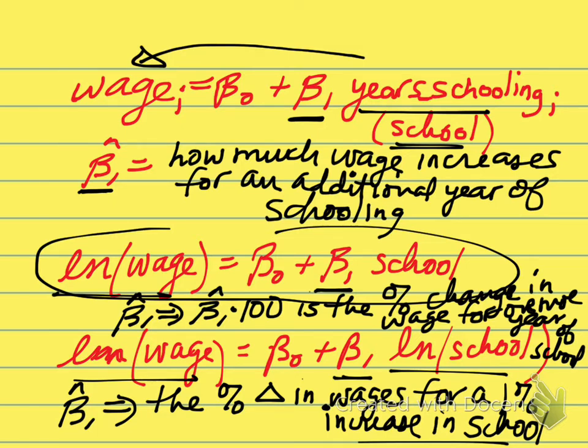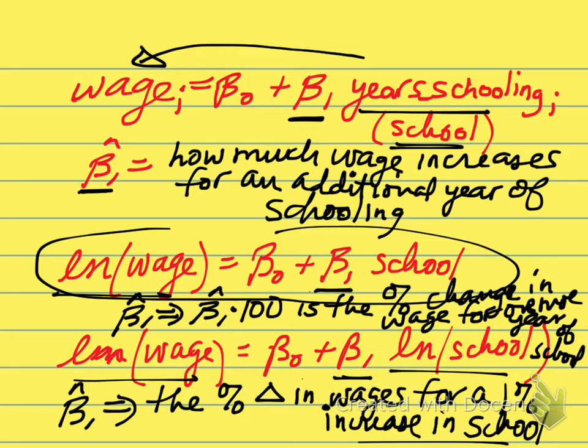So the amount of schooling that corresponds to 1% varies according to the level of schooling itself, right? So we interpret beta 1 as the percent change in wages for a 1% increase in school. That's how we interpret that coefficient.